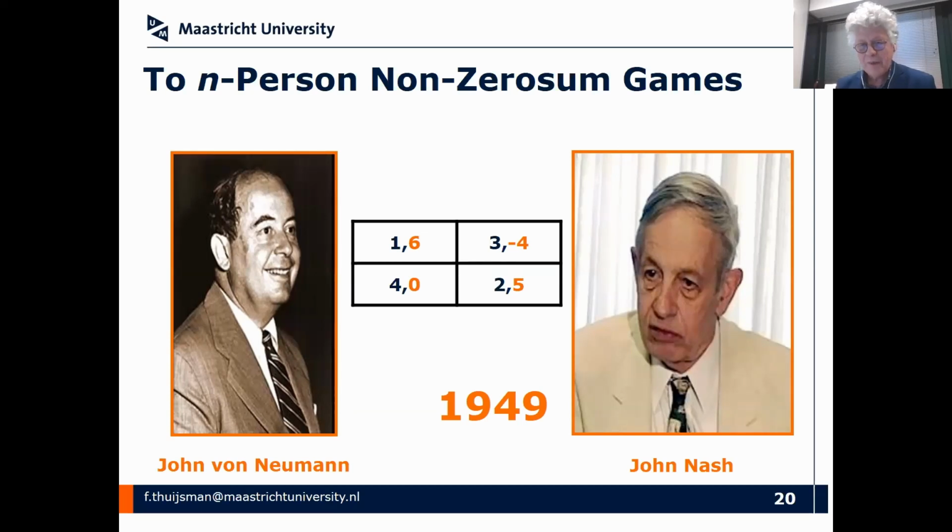Now, remember that here I still visualize just a two-player game where the row player gets the black payoffs and the column player gets the orange payoffs. You see it's no longer a zero-sum game, because if I write the payoffs for the column player explicitly, we see that the numbers don't add up to zero, which means that sometimes they both get money, like top left or bottom right. Sometimes one is winning and the other one is losing, like top right.